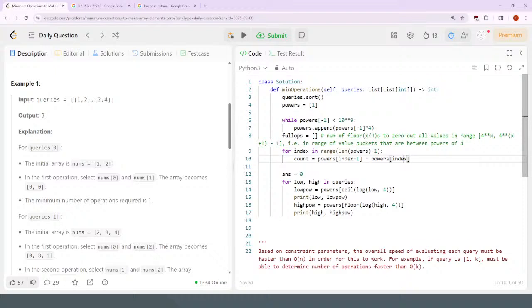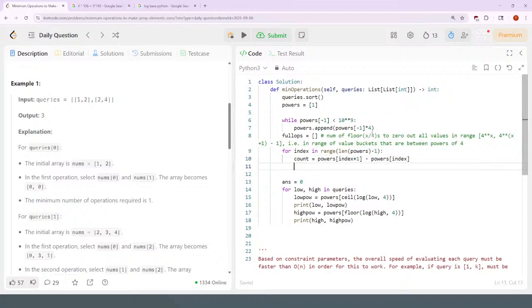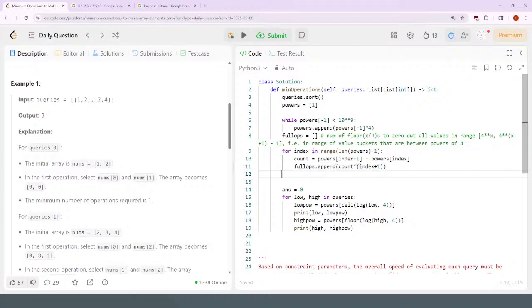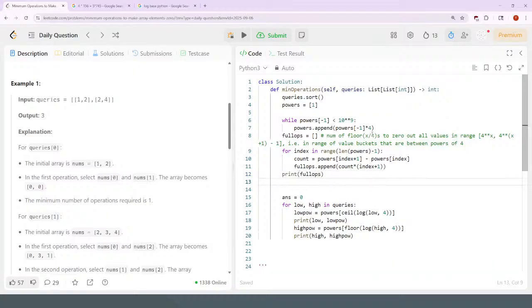Count. And you do count full ops append count times index plus 1. And I'm going to print out the full ops to make sure that seems to be okay.